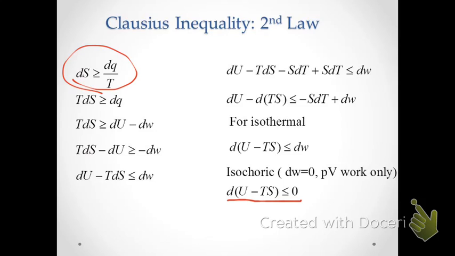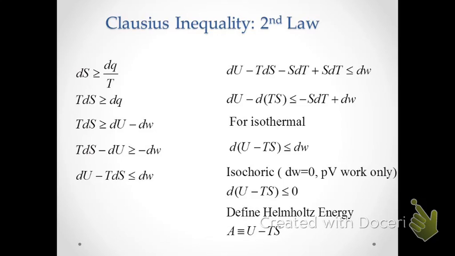This is just a re-expression of the second law. This is equivalent, and I cannot emphasize this enough, to saying that for this type of process that's isothermal and isochoric, delta S for the universe is greater than or equal to 0. And again, it would be equal in the case of a reversible process.